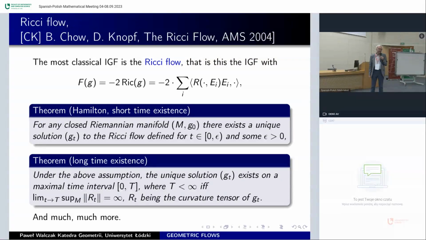It's finite if and only if the curvature of the manifold expands to infinity with T. I mean the norm of the Riemannian curvature tensor for these solutions g_t should escape to infinity, then T is finite.